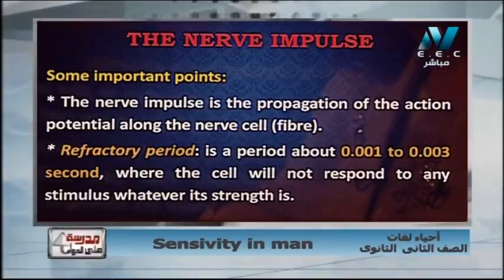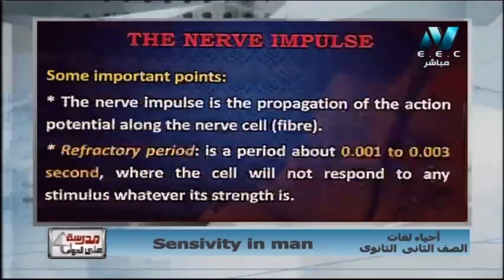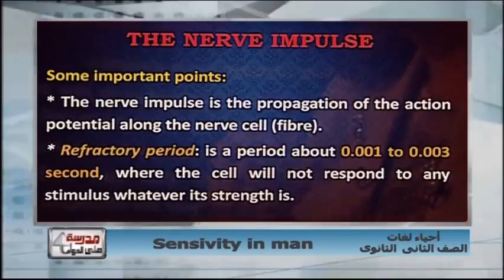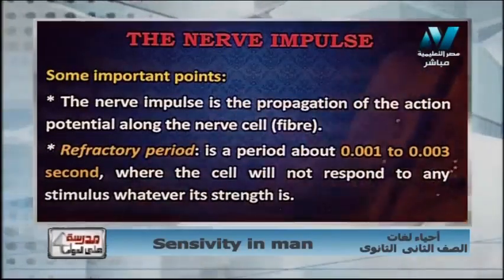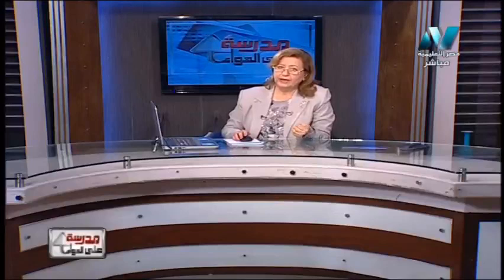That means the response is nothing if the stimulus is not sufficient to stimulate the nerve cell or the membrane of the nerve cell. So the stimulus must be strong enough to stimulate the membrane. Otherwise, it doesn't respond at all.